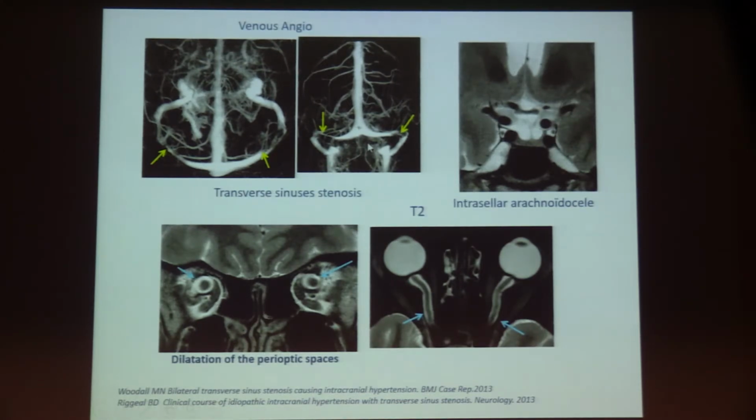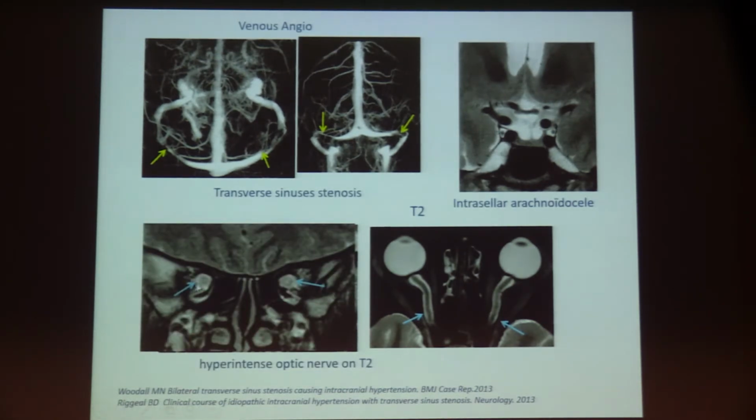And this is very important to make the diagnosis, because if you don't make the diagnosis, the patient, who is often a lady who gained weight in a short time, at this very moment, you risk optic neuropathy with atrophy of the optic nerve, and it is a big cause of blindness.